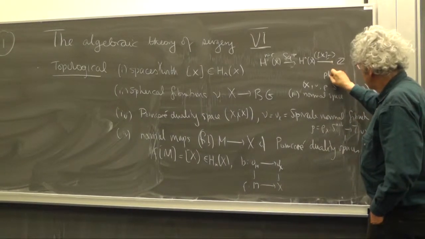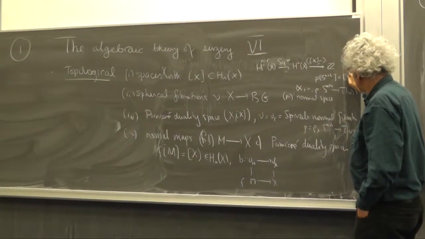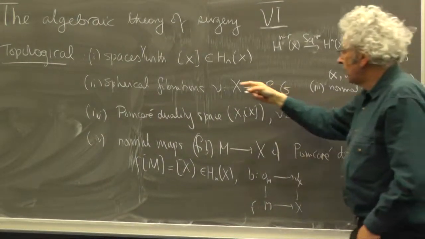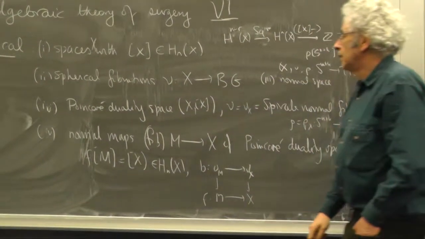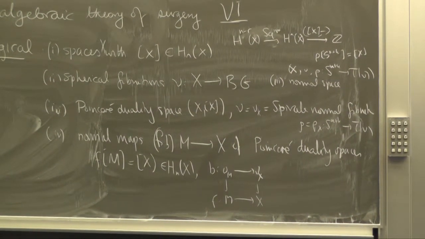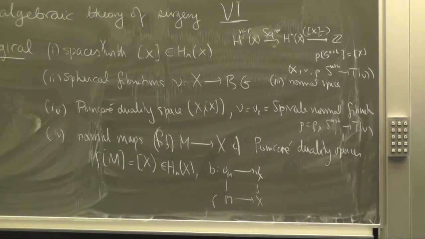That's where the Hurewicz image is a spherical Thom class, as it's called. And it means that this homology class, the fundamental class, is represented by a sphere, not in the homotopy of X, but in the homotopy of the Thom space. So it's very unusual for a homology class of a space to be spherical.